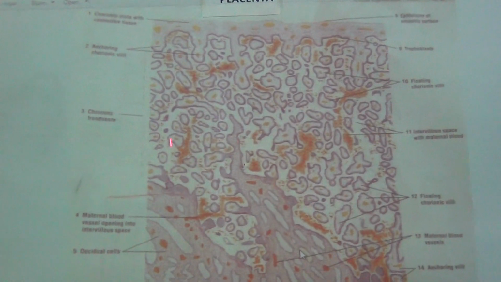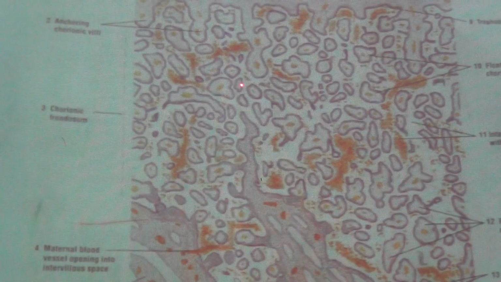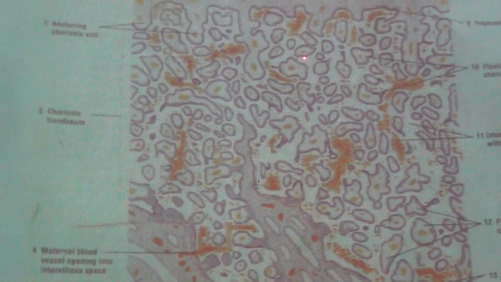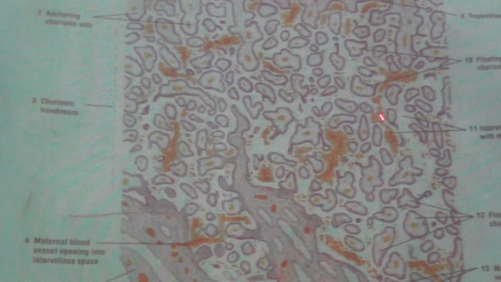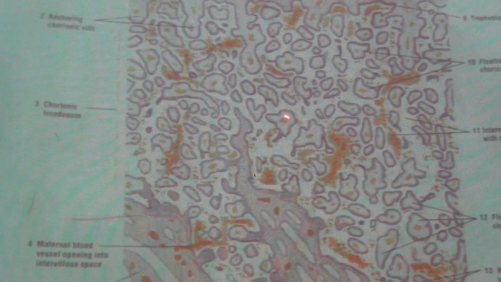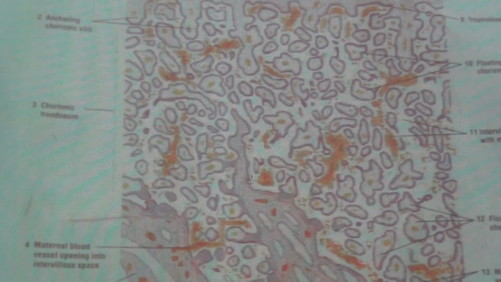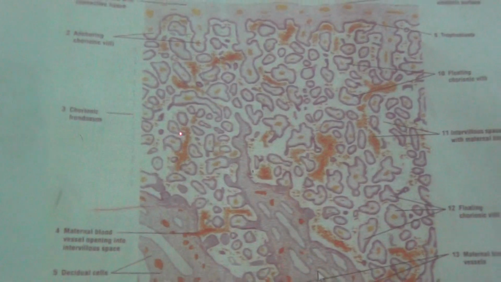So all these villi float in the maternal blood. These are the villi, and this red color in between these villi is the maternal blood.